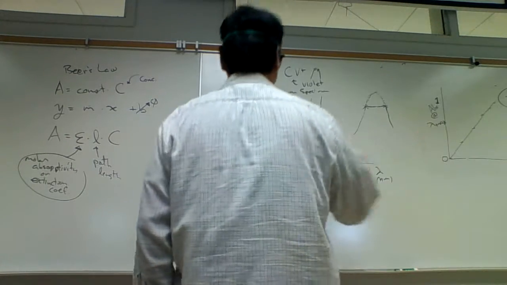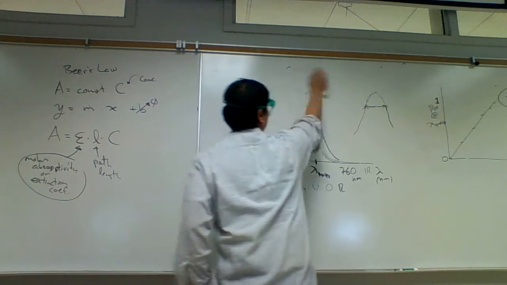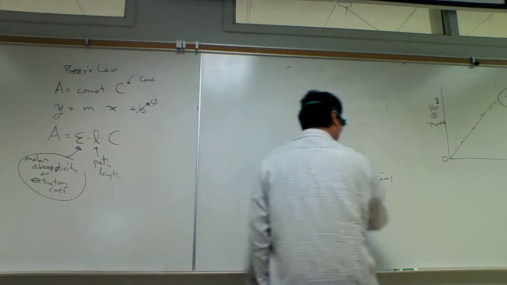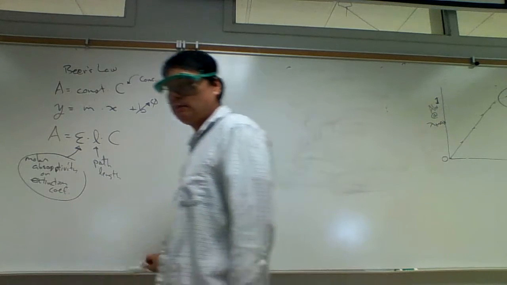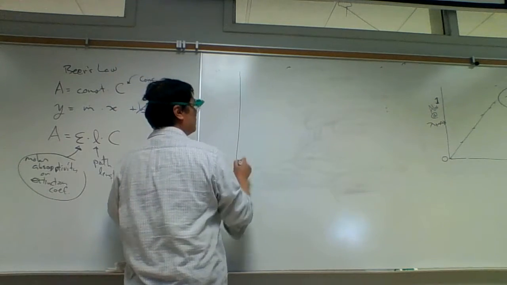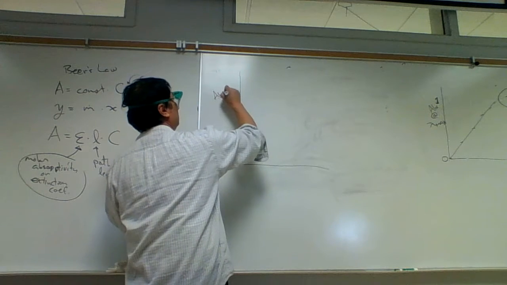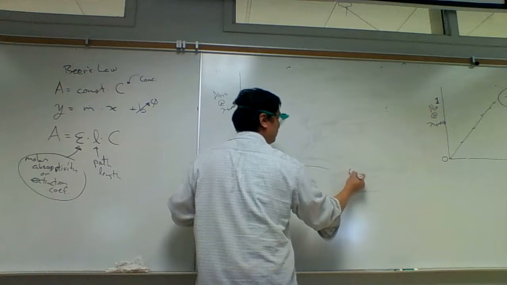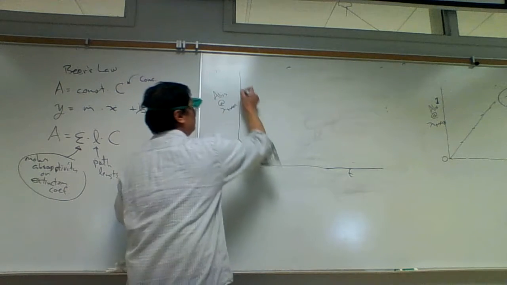We're going to monitor the progress of this reaction in this way. The absorbance is directly proportional to the concentration. If we plot the absorbance at lambda max versus time, this is what we're going to see.